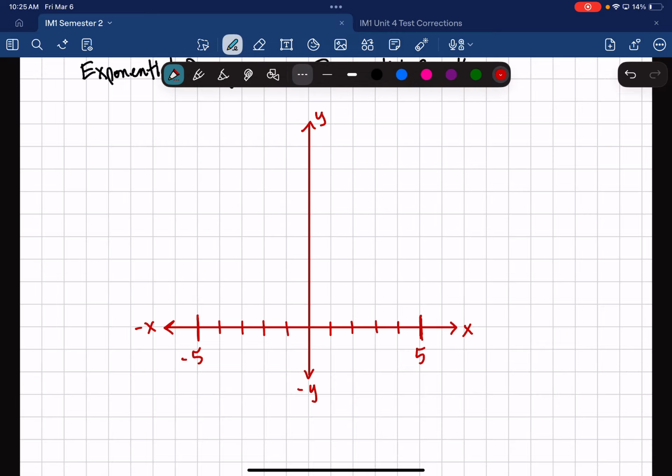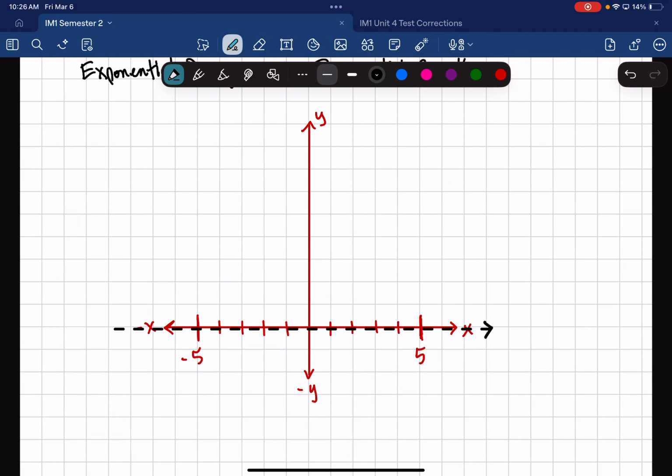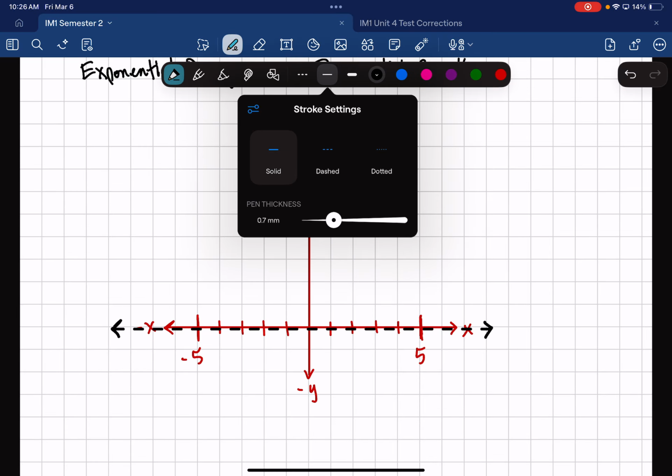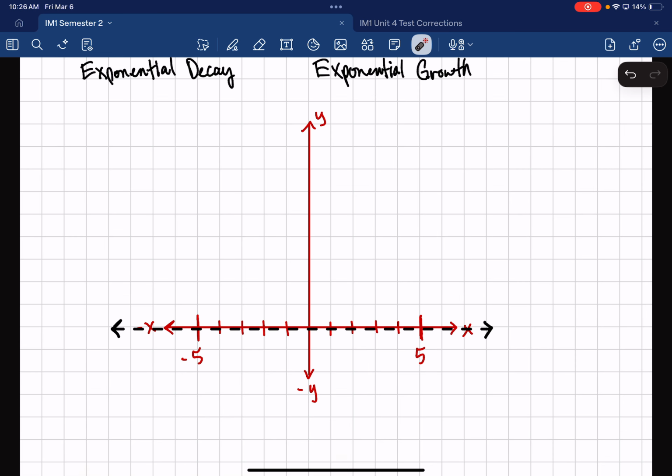So the reason I'm doing it here is because we're going to have this asymptote, right? That's going to be about there. That says no values can be down here.